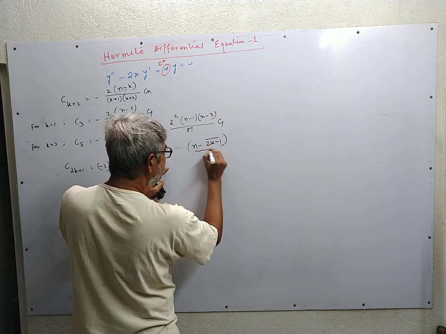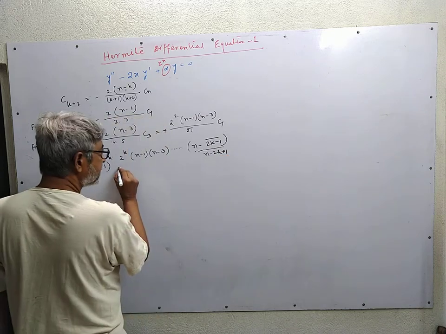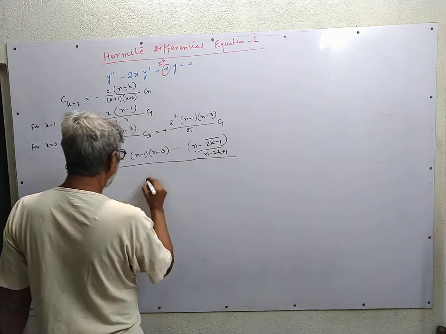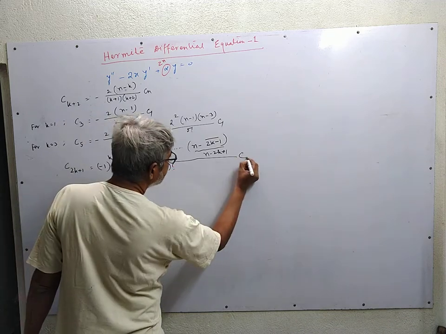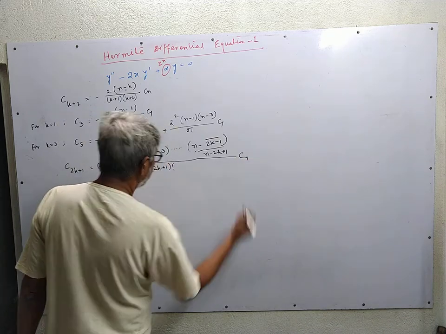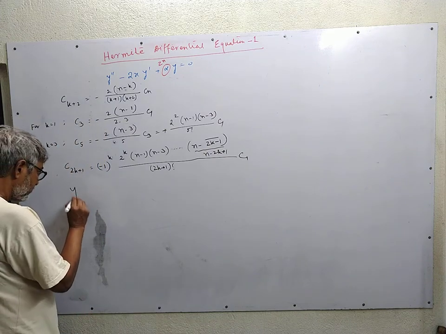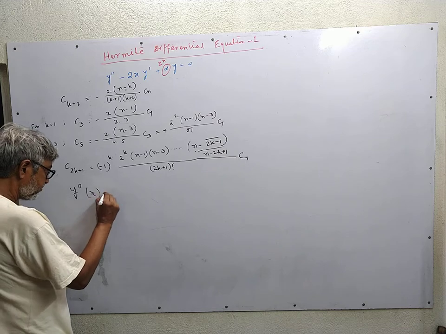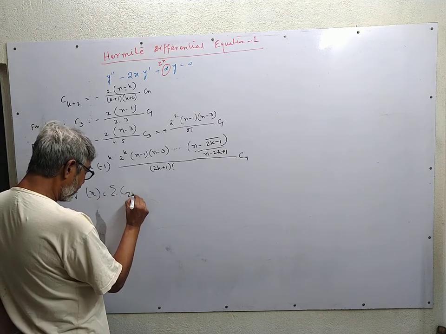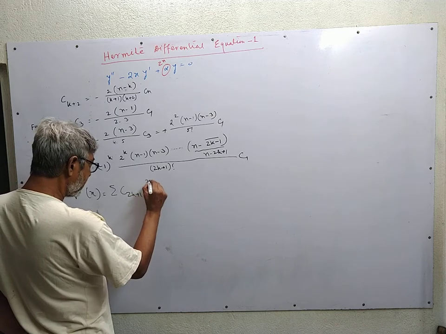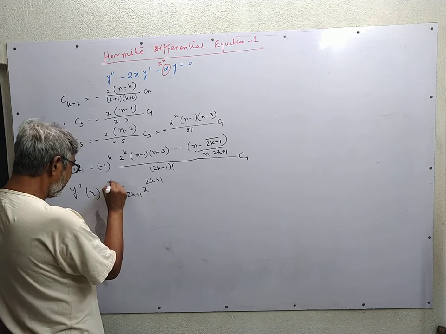So this is basically equal to n minus 2k plus 1, and this thing is divided by 2k plus 1 factorial C of 1, and the corresponding odd series is y odd of x is equal to summation C of 2k plus 1 x to the power 2k plus 1, k ranges from 0 to infinity.